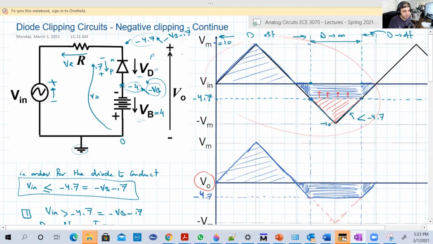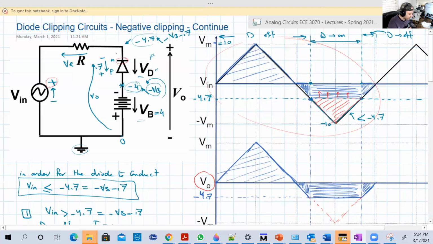Here it's the opposite. We need the input to decrease to turn the diode on. Okay. We need the input to decrease because basically the positive of the input is connected to the N portion.